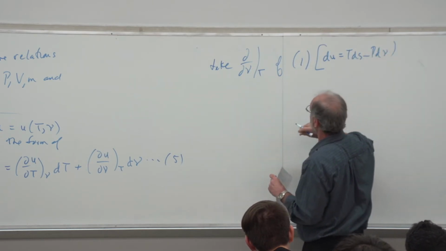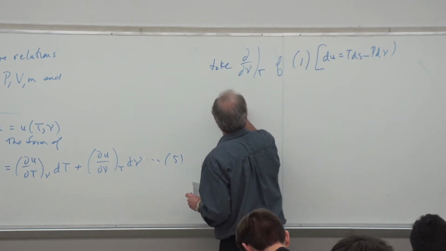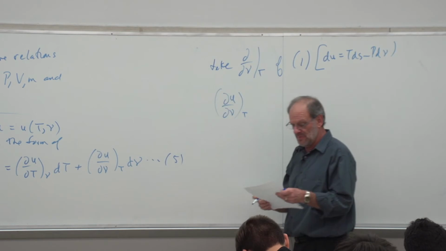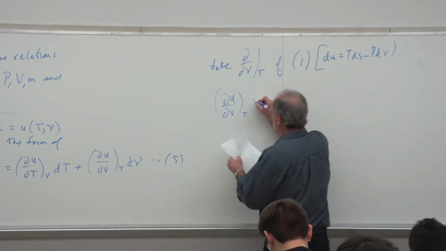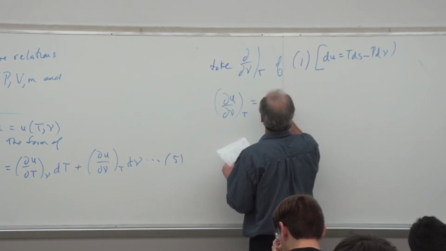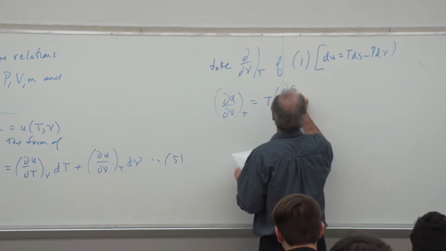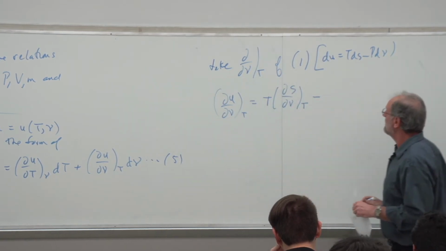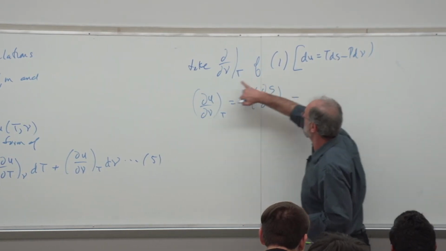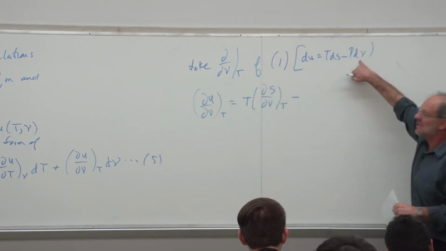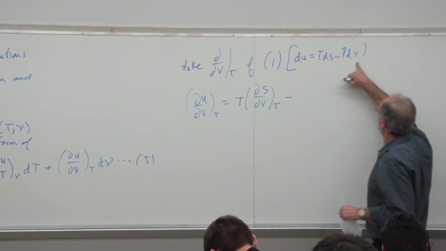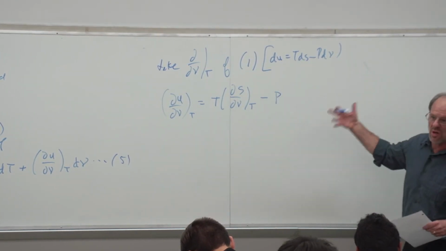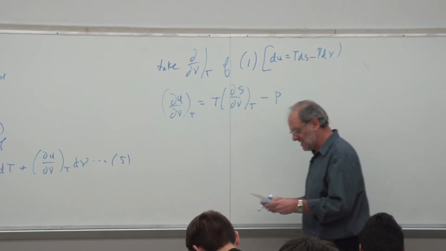So we rewrite it in this form. We have del u del v t equals T del s del v t minus, now please note here we're taking the partial with respect to v of dv, so that's just going to be 1, so minus P times 1.